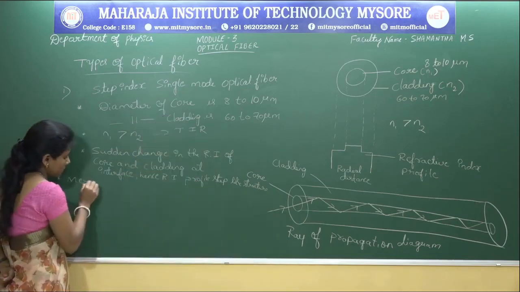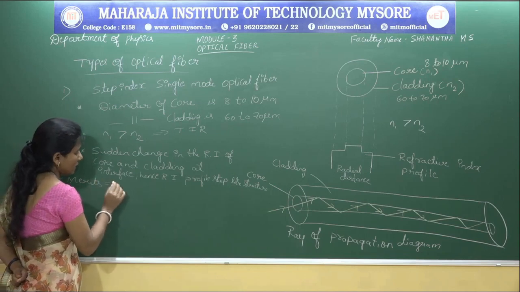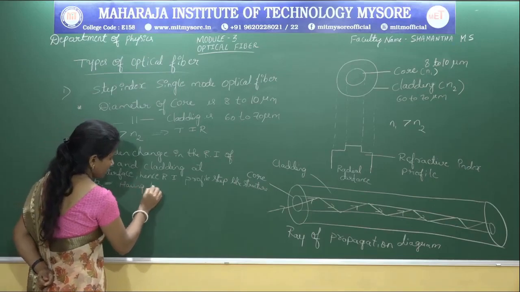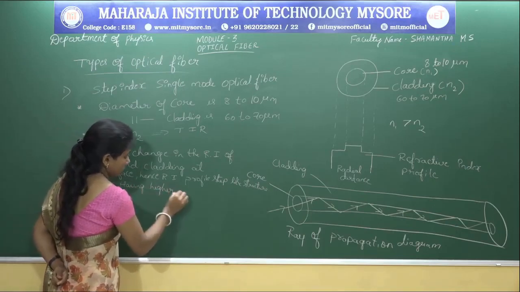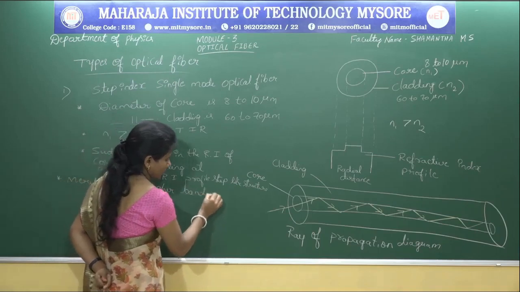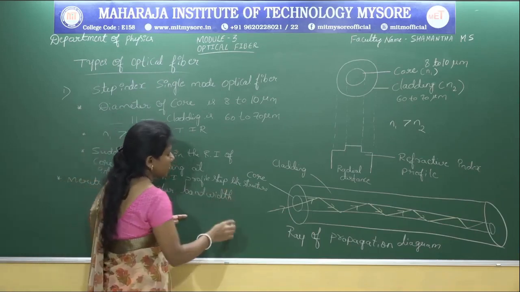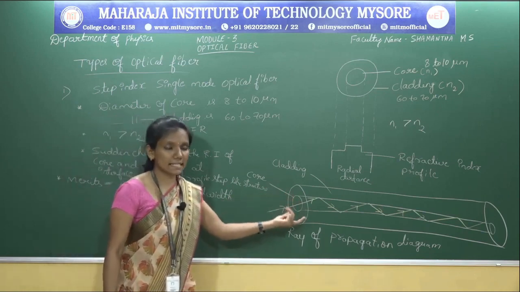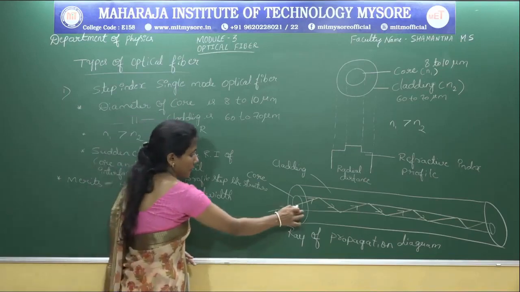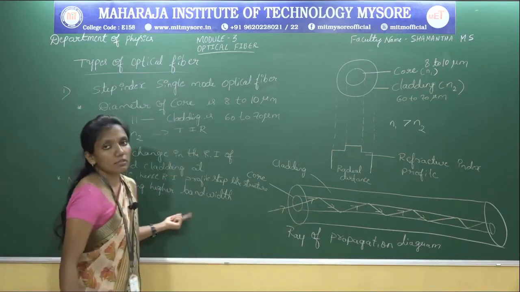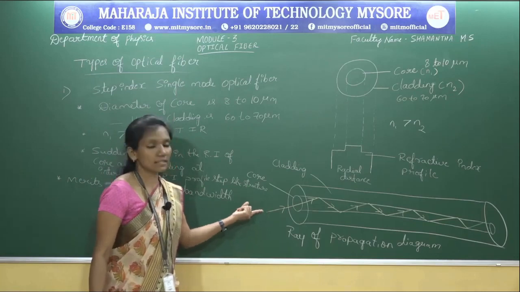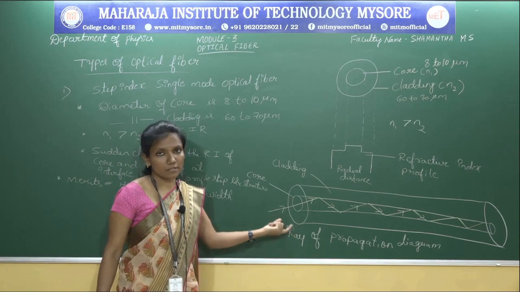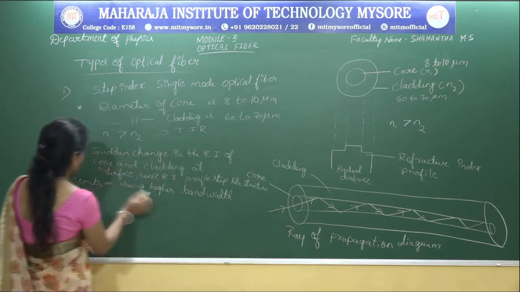So the merit is a higher bandwidth, so there is no dispersion and no loss of signal inside the optical fiber. Also, the speed of this signal is unmatched compared to other optical fibers.